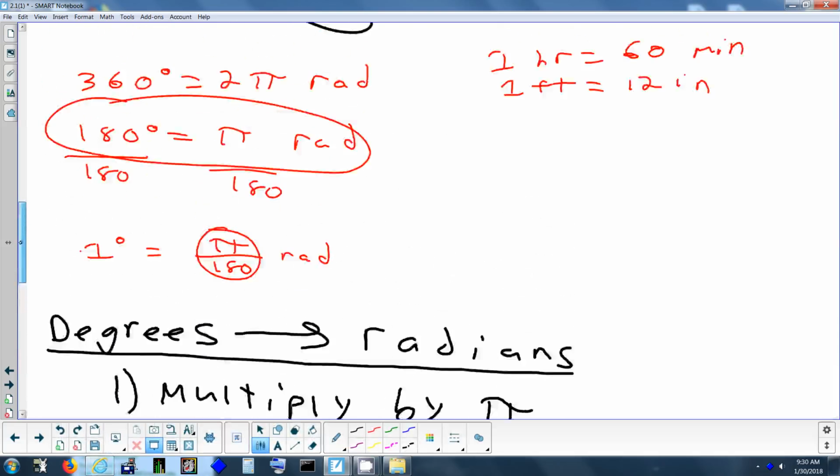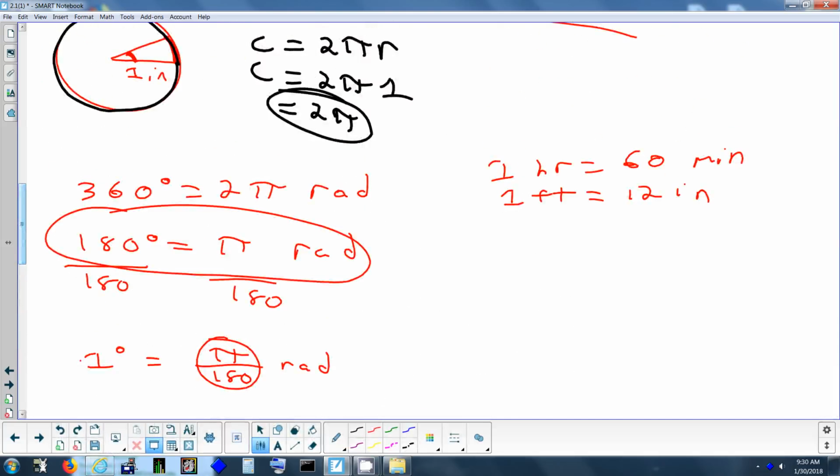Let's go back and look at the same equation again, except this time I want to get a 1 on the other side. What would I have to do on both sides to get a 1 on the right? Yep. Divide by pi. We'll divide each side by pi. And now we're going to have something pretty useful, a conversion that has a 1 in it.